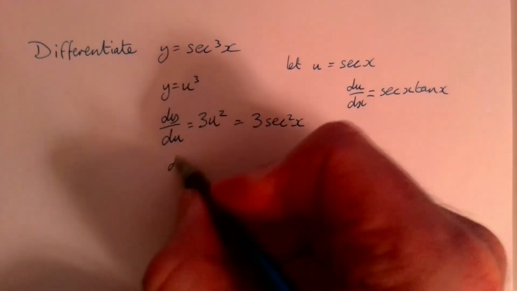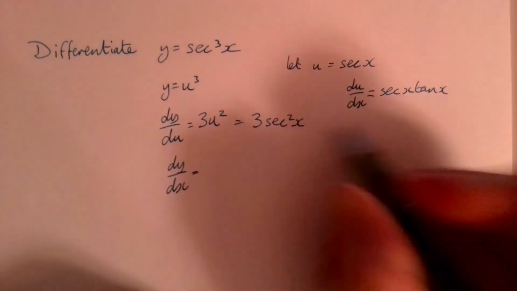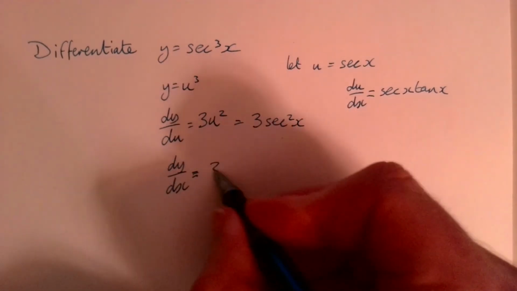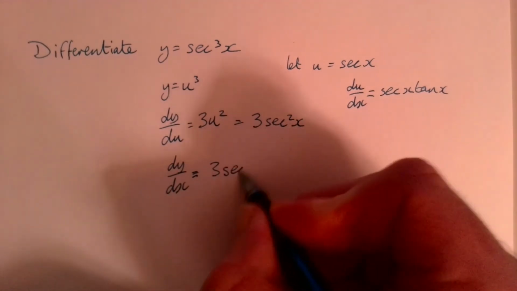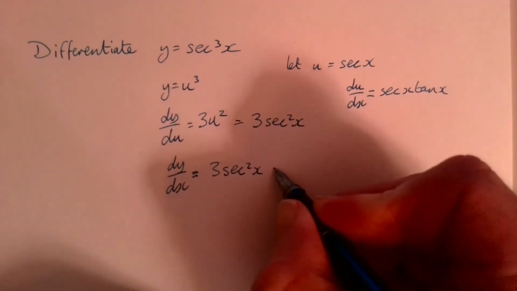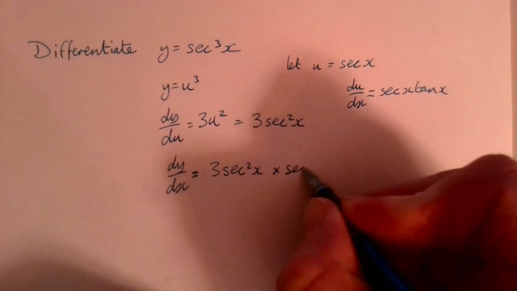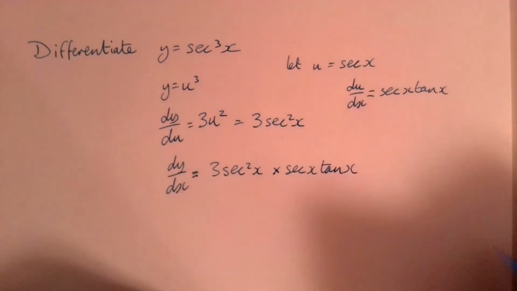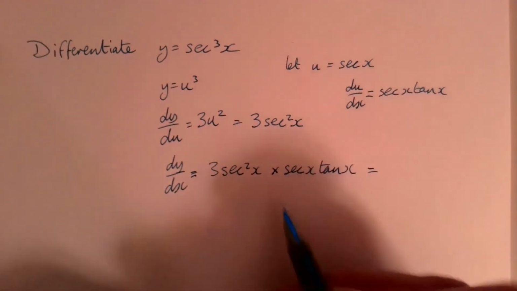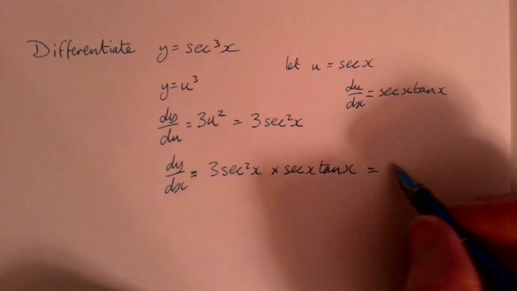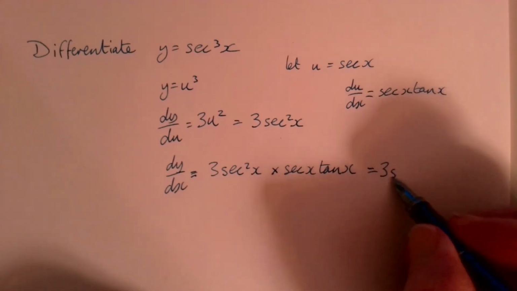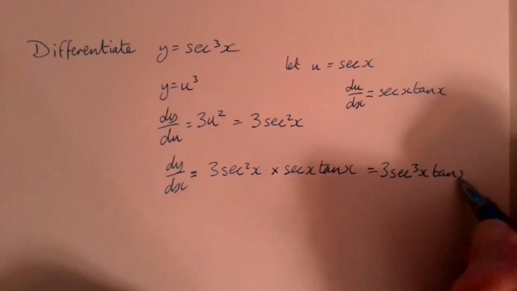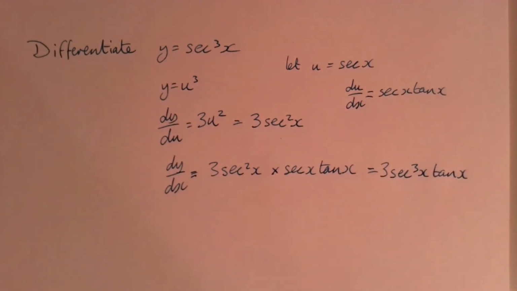We've got dy by dx is going to be dy by du times du by dx, so it's going to be 3 sec squared x times sec x tan x, and that all comes together nicely and just gives us another sec, so 3 sec cubed x tan x, and that's done.